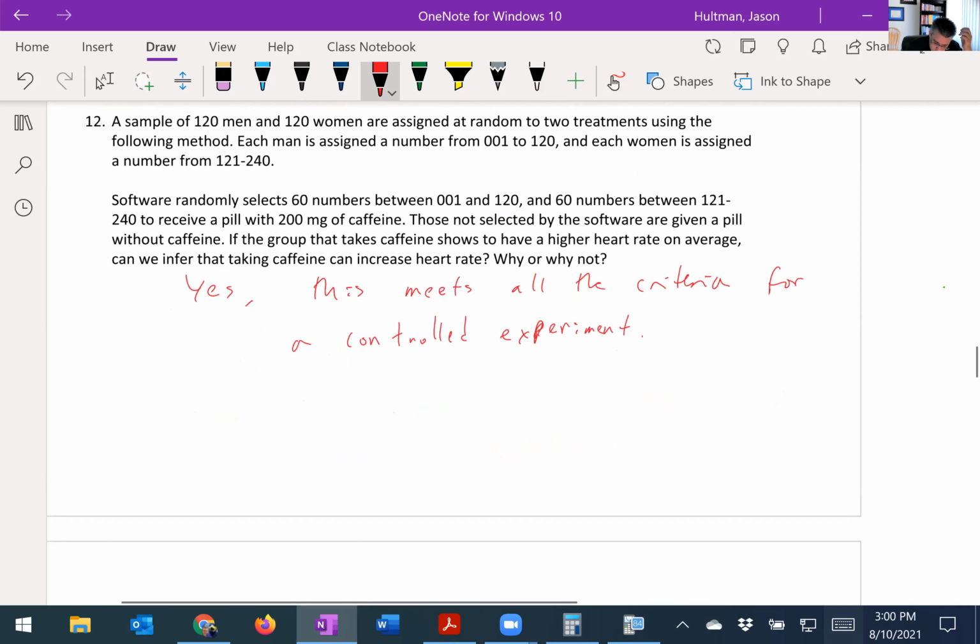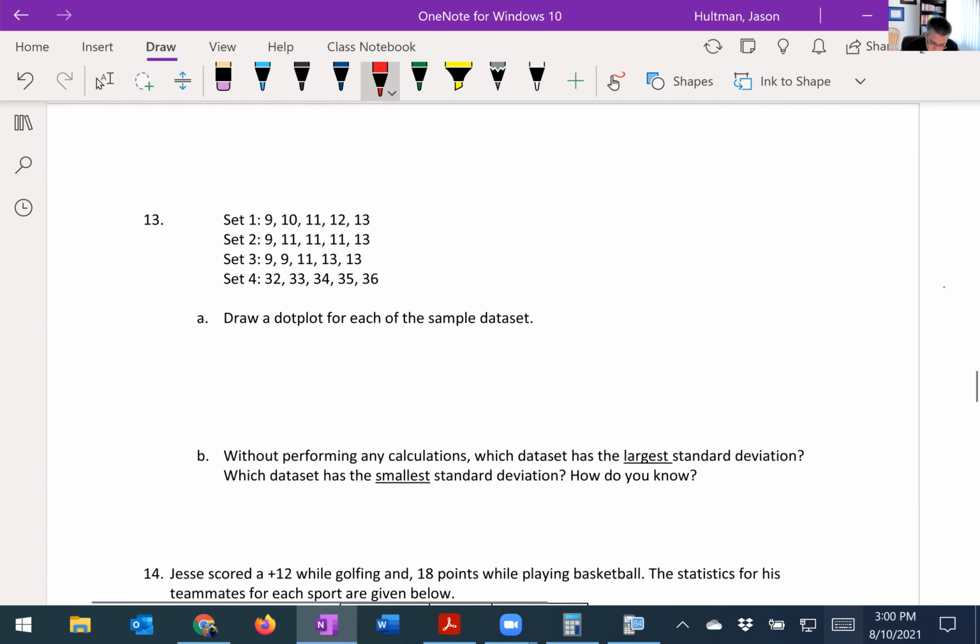Next one. Number 13. Because we have set 1, set 2, set 3, set 4. It says draw a dot plot for each of these. So they're all kind of, the first 3 are all kind of going from 9 to 13.